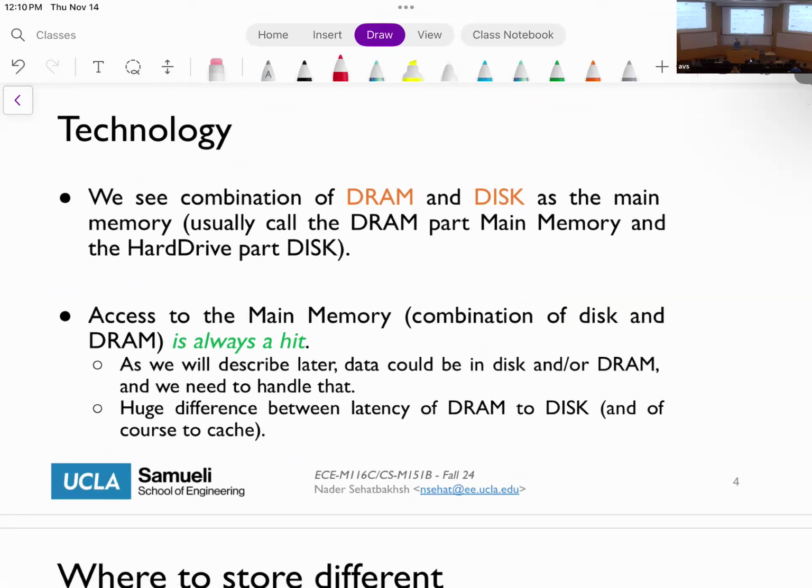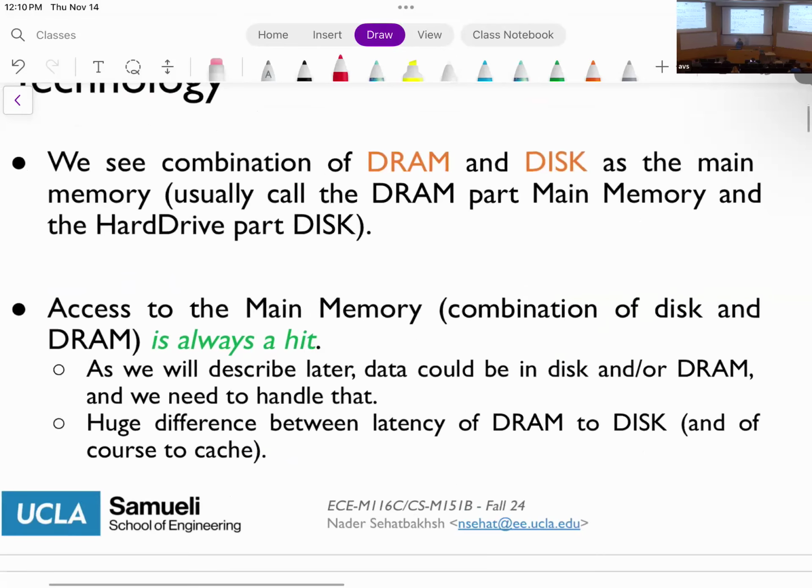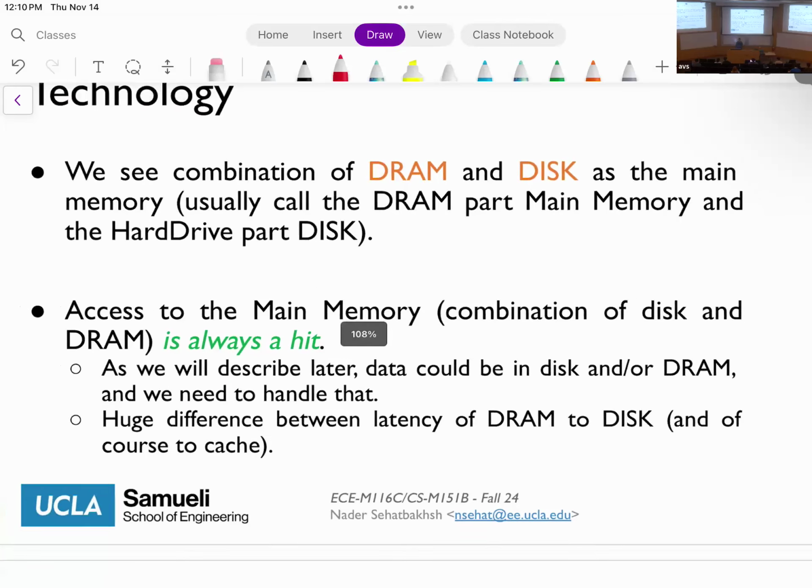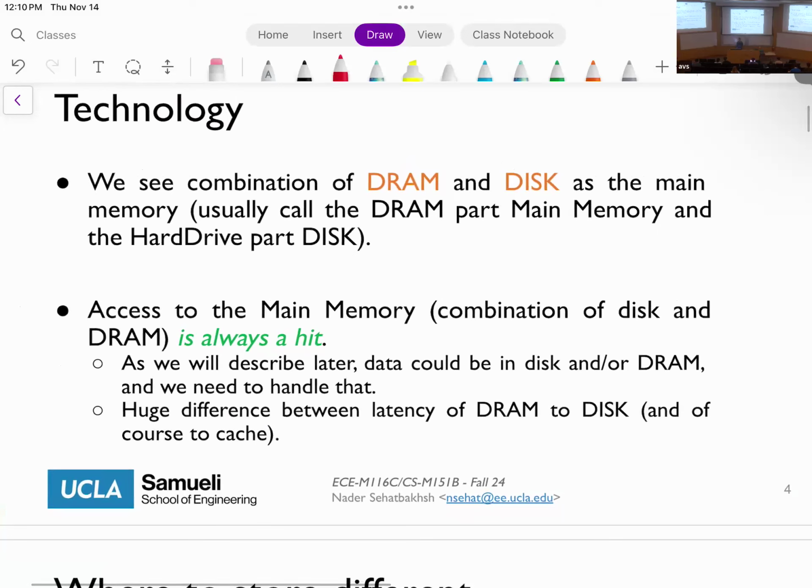If you remember, last lecture we talked about different sizes, and we said that for main memory DRAM technology, we are talking about gigabytes, order of tens of gigabytes, right? Even your cell phones these days have 8 or 16 gigabytes of RAM. And when you say RAM, that means DRAM, okay?